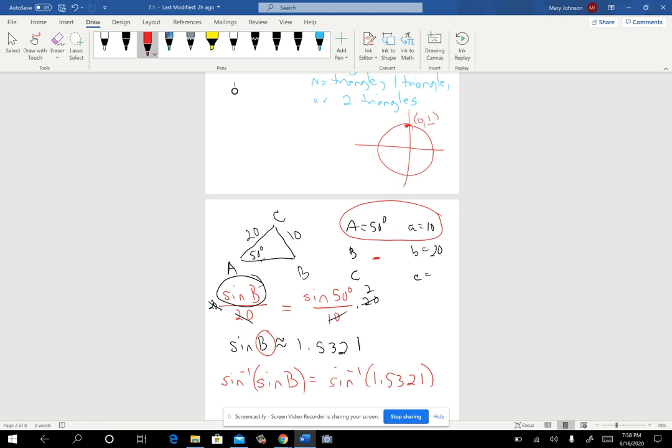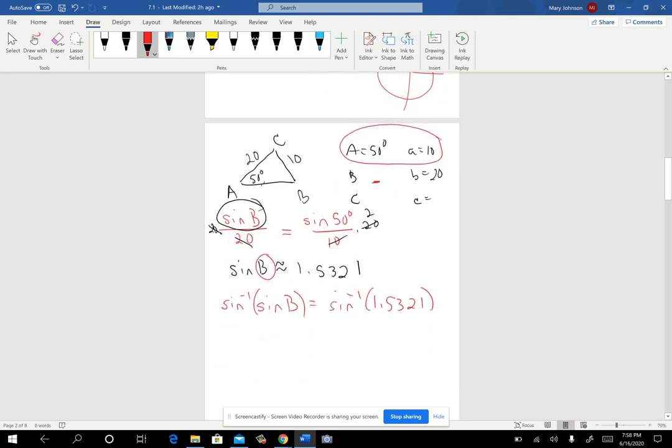Cosine never gets bigger than 1. So you're getting an error because this is impossible. Not possible. So since you don't have an angle B, this one is no triangles formed. But that's what happens. So that's that case.